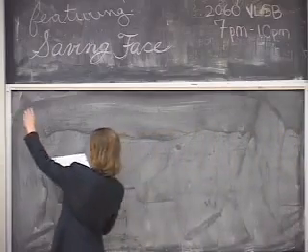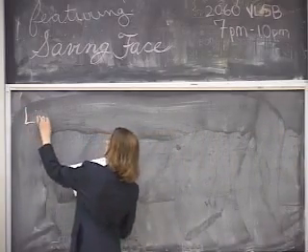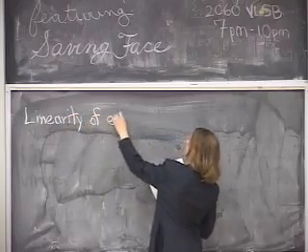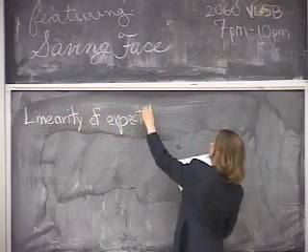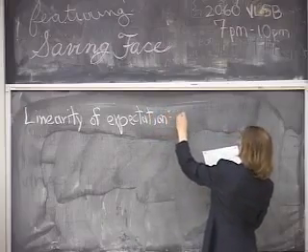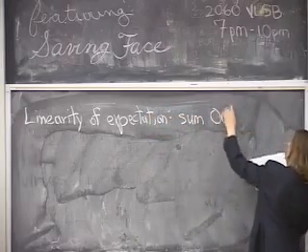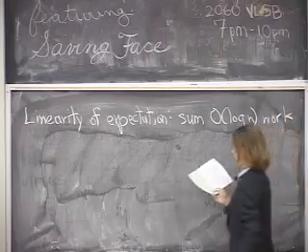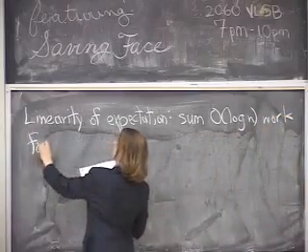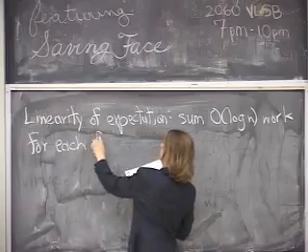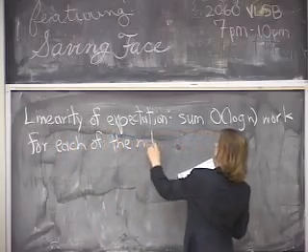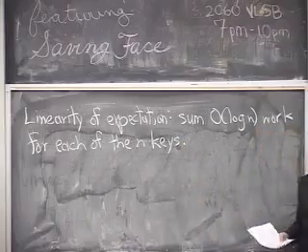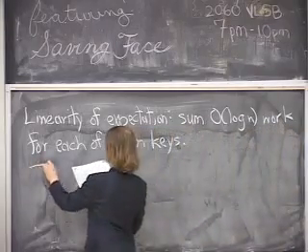And we can do that by linearity of expectation. And by doing that, we find that quicksort runs in expected n log n time.